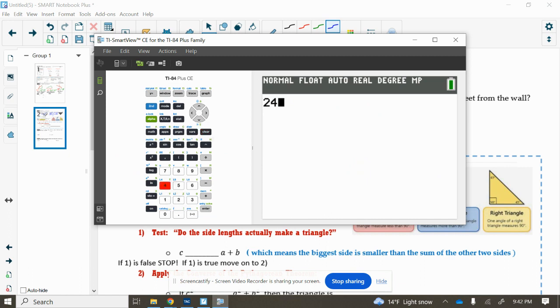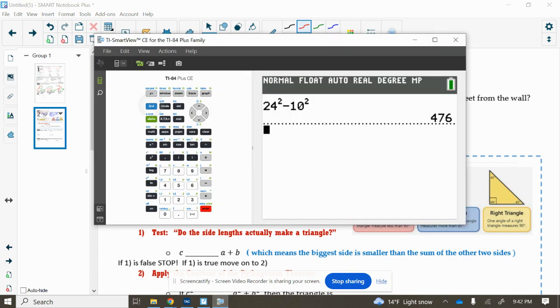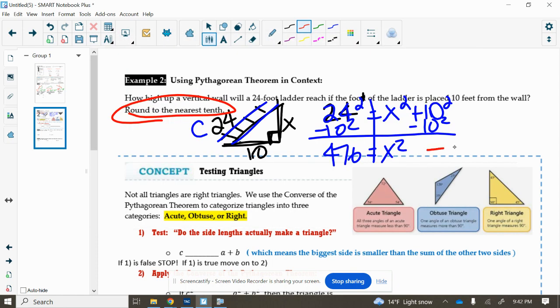So 24 squared minus 10 squared is 476. Now that again is our x squared value. And this time we are just going to round to the nearest tenth. So we can just square root that answer. And we get about 21.8 as the height of our wall.